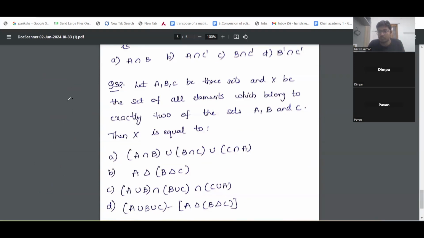So what is the region he is talking about? He is talking about this region, because here the element belongs to exactly two of the sets A and B, and here also the element belongs to two of the sets A and C. Here also the element belongs to exactly two of the sets B and C. Now you have to see how you are going to write these regions in terms of A, B and C.